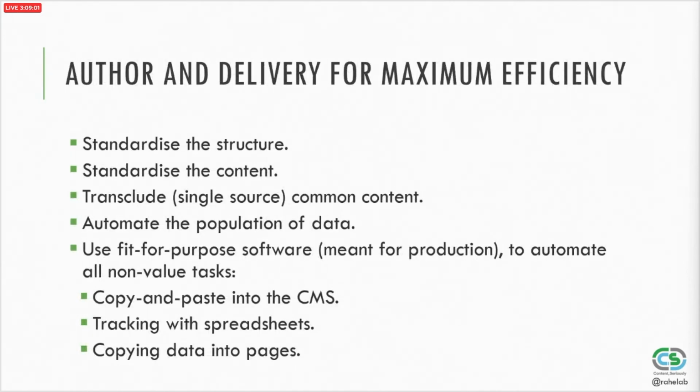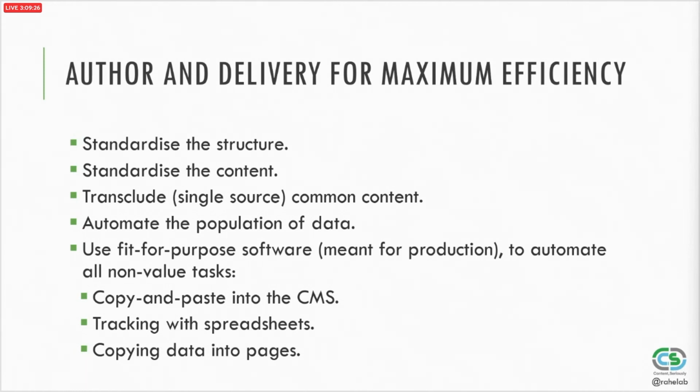So what we said we had to do with this, we had to standardize the structures, standardize the content. Then we had to figure out a single source of common content, or that's my favorite word, and nobody seems to ever have heard of it. But we want to be able to do things like variables and content references. We want to automate the population of the data. And then we wanted to use proper software for it.